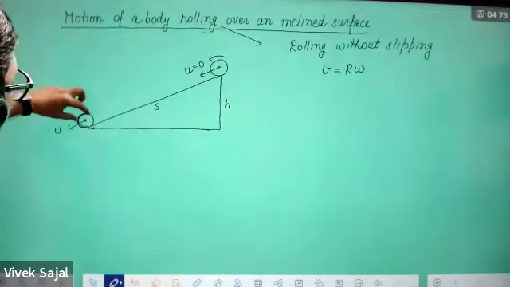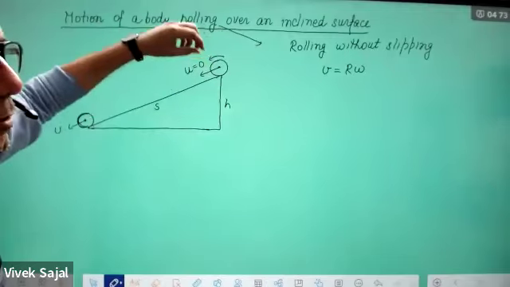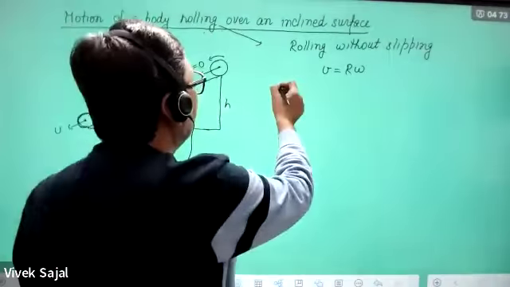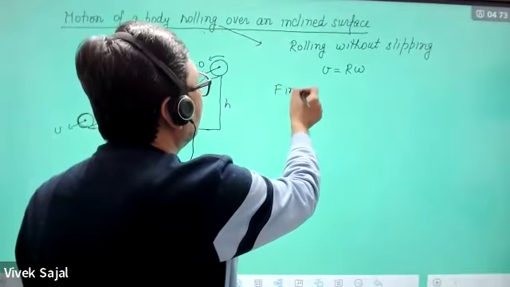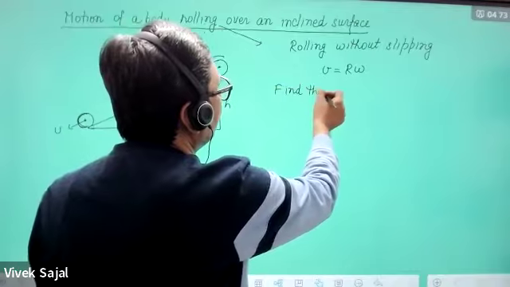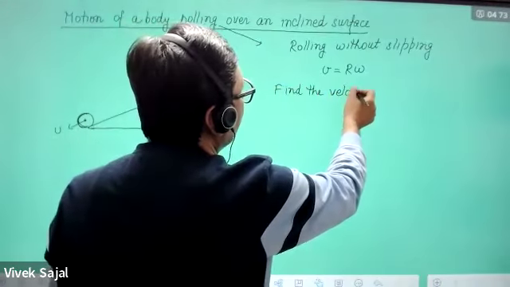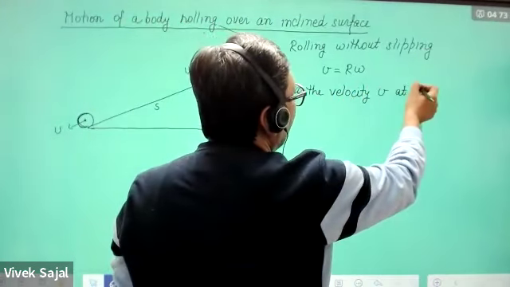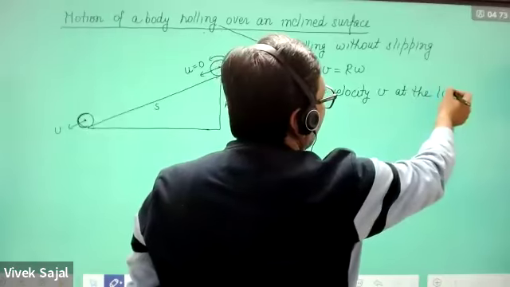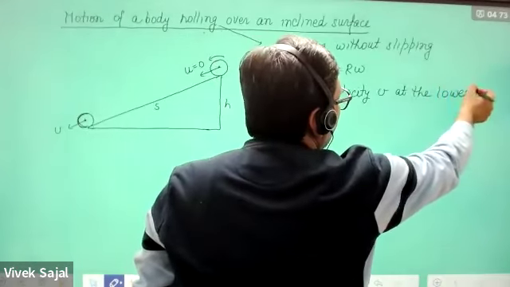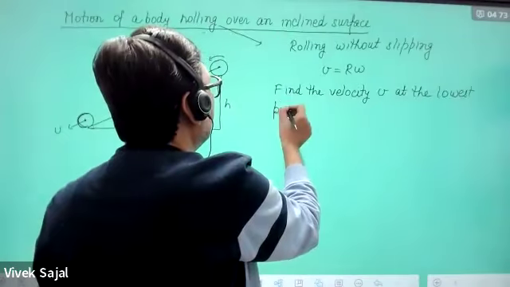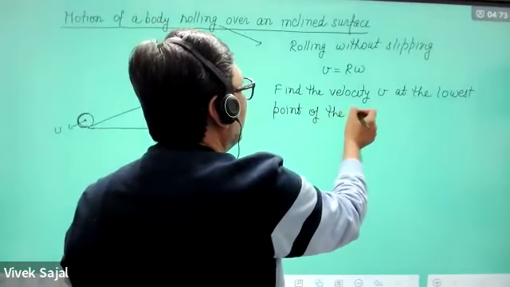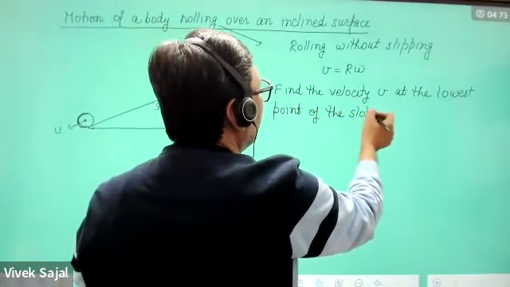Find this v. What will be the velocity of this cylinder or sphere or disk when it reaches here?